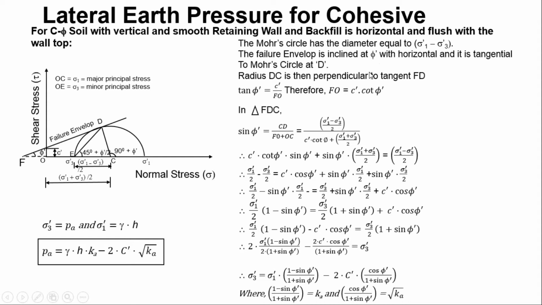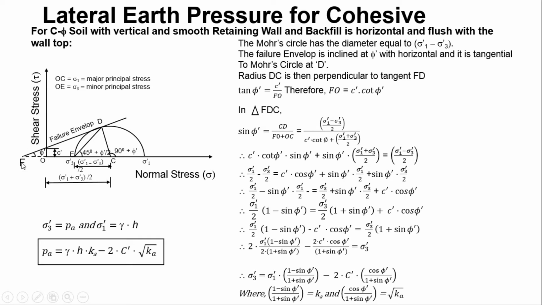So let us go to the derivation. The diameter is sigma 1 minus sigma 3, and this failure envelope is tangential to the Mohr circle at point D. Radius DC is then perpendicular to the tangent FD. This is the tangent FD and this is radius DC.